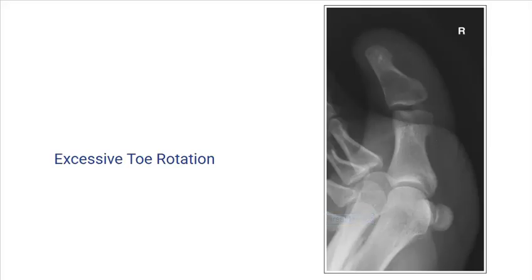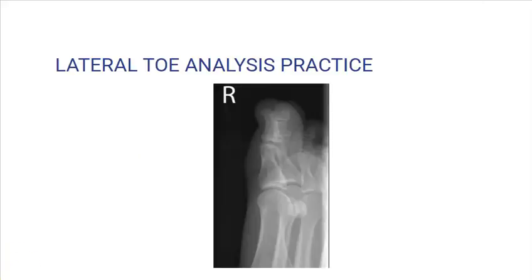This indicates that the toe and the foot were rotated more than is necessary for a proper lateral projection. Recognizing these anatomic relationships helps you ensure accurate positioning and optimal diagnostic imaging. Take your time to review this image and answer the following question.